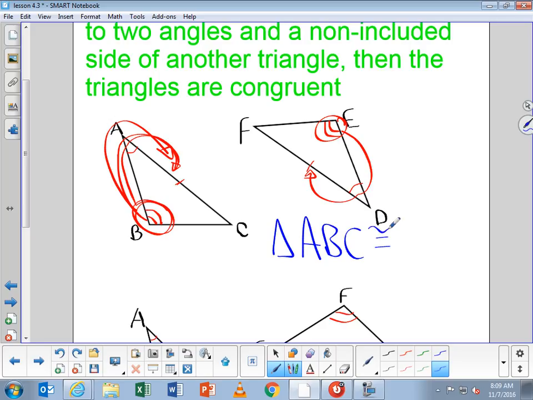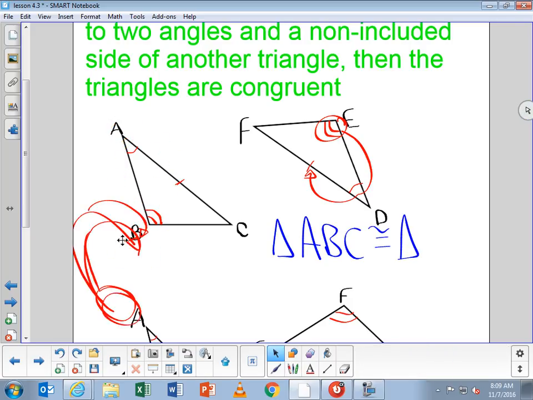Now, when we line this up with the next one, we have to match up what kinds of parts? What kinds of parts do we match up? We have to match them up in what order? Corresponding. Very good. Was that you, Kaylee? Nice job. Corresponding order.